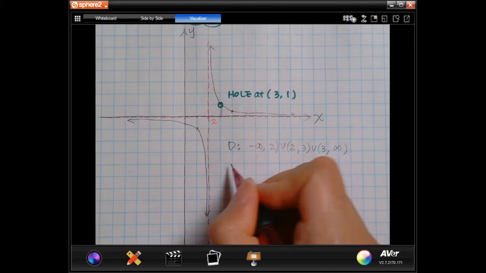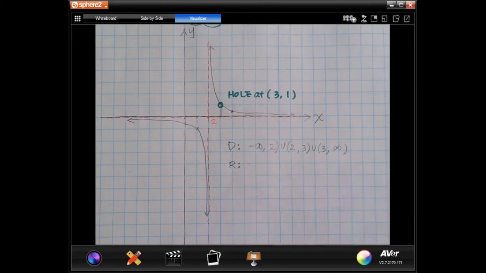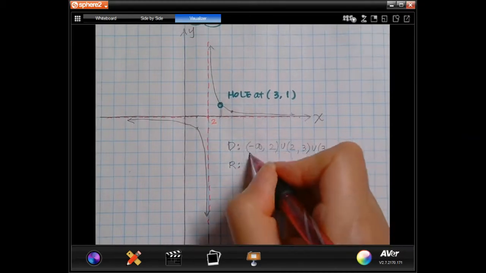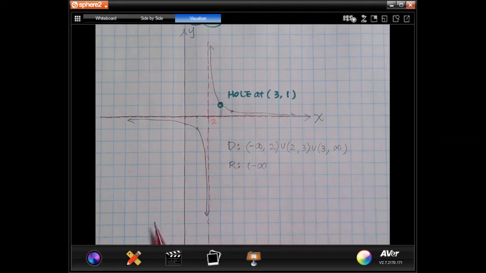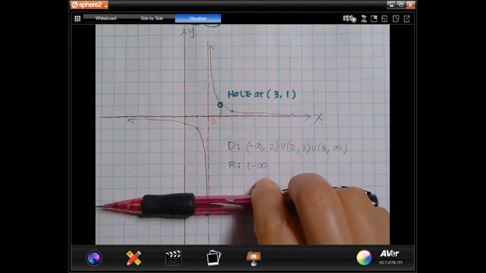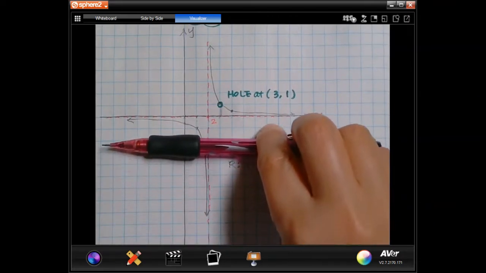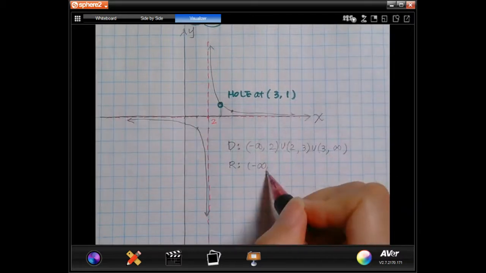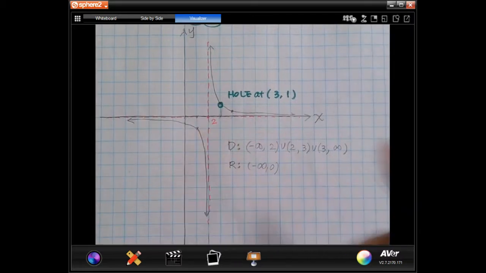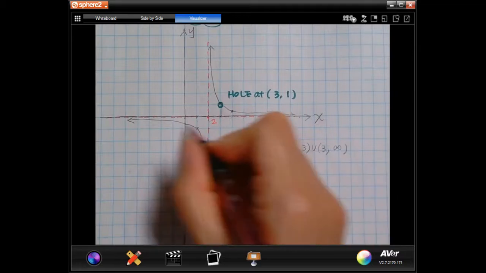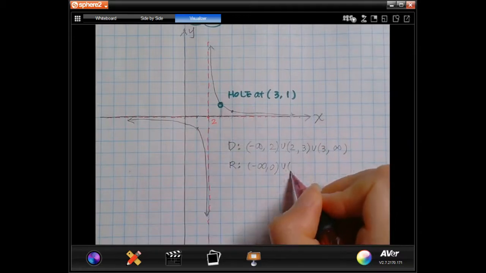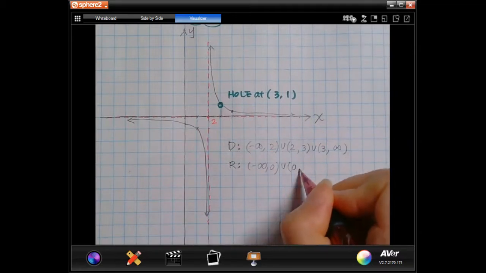Then in the same manner, the range is also from negative infinity, and it's getting up to the level of 0. Then it's going to make a discontinuity because of that horizontal asymptote.